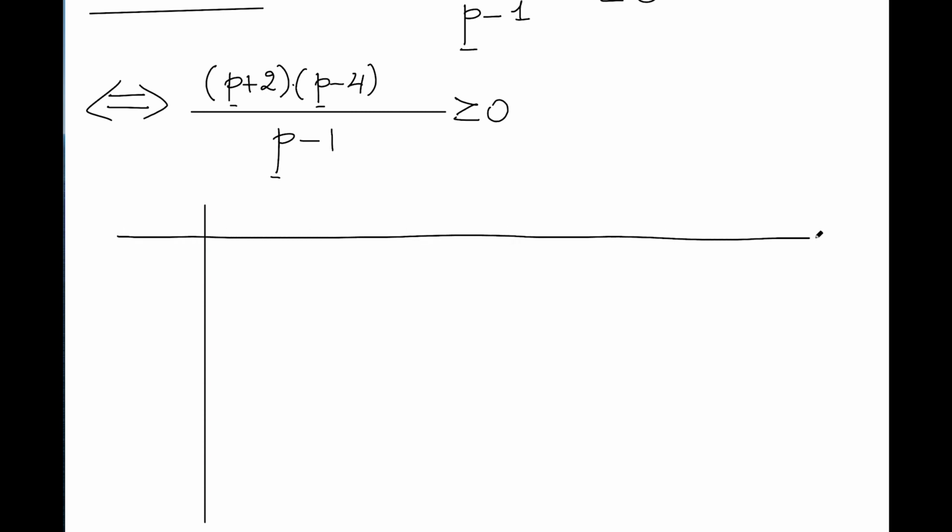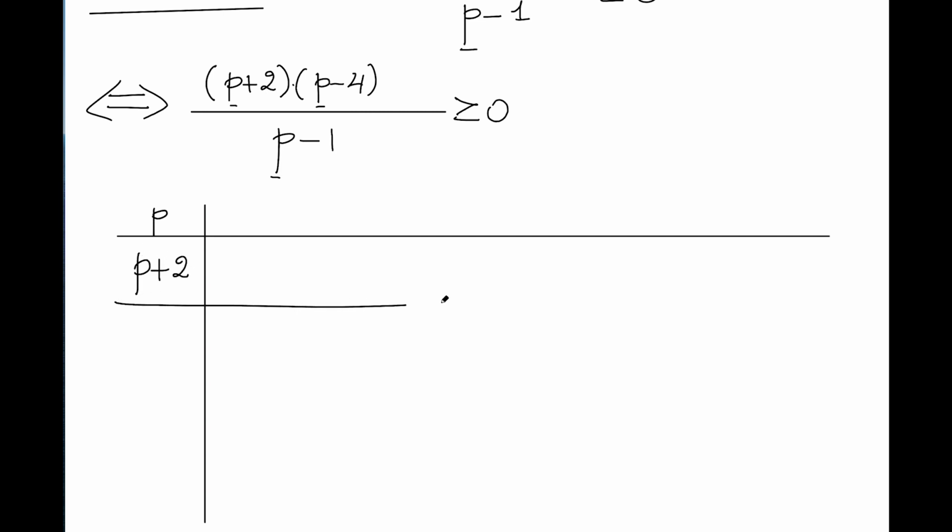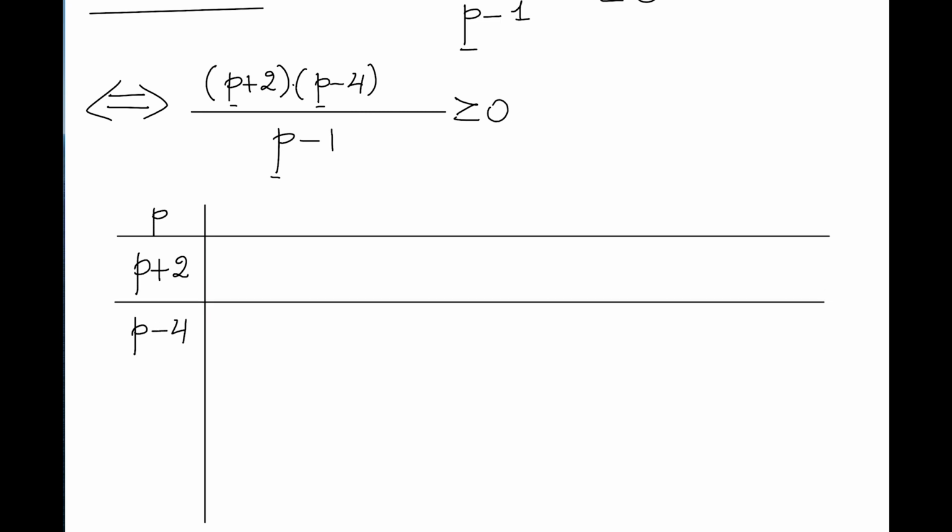So the first row is where p lives, the variable of the problem. The second row is for p plus 2, one of the factors of the numerator. p minus 4 is the second factor of the numerator. I'm going to create a new row for the numerator. Based on the variations of p plus 2 and p minus 4, I'm going to be able to deduce information about the variations of n.